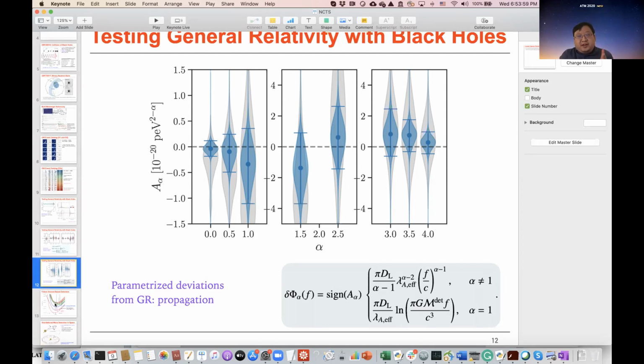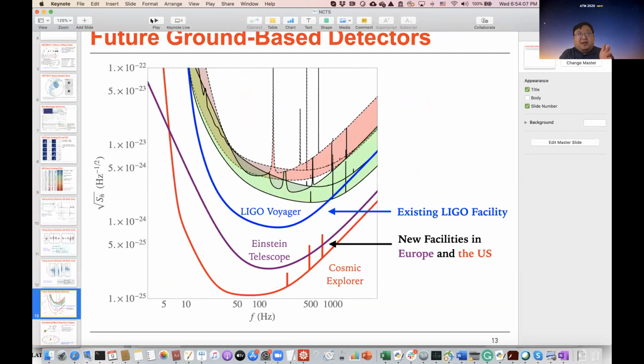We will continue into the future with gradually increased sensitivity, but we will also upgrade our instruments within the LIGO facility, and also in Europe and in the US, we're proposing to have more sensitive ground-based detectors.